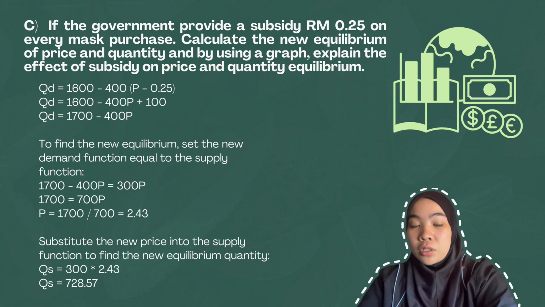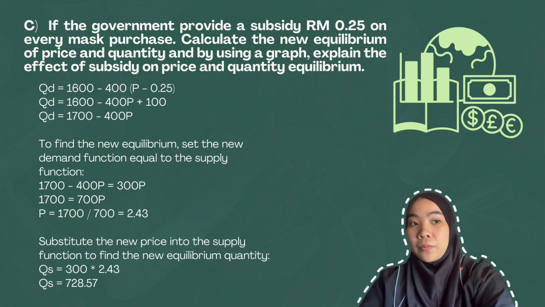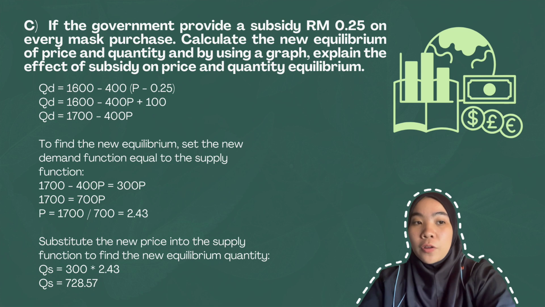To find the new equilibrium, we should use the new demand function, 1700 minus 400P equals 300P. So we get 1700 equals 700P. So the new P is 1700 divided by 700, which is 2.43.